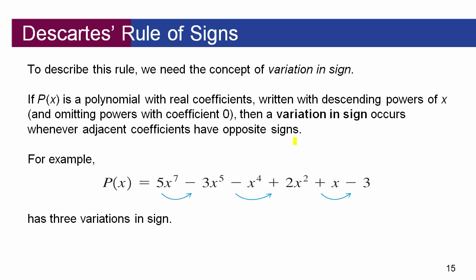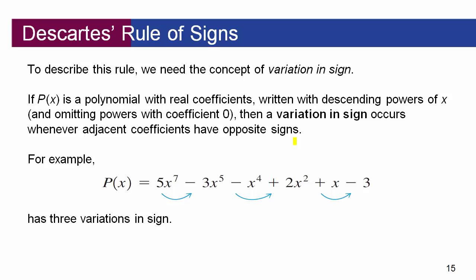And it's very simple. You start with your polynomial, and it's a normal polynomial with real coefficients, which basically just means all the numbers in front of your powers of x have to be real numbers. They can be square roots, fractions, decimals; they just can't be imaginary.